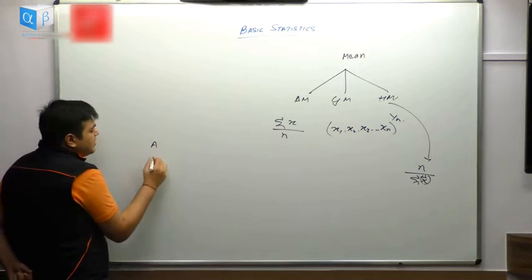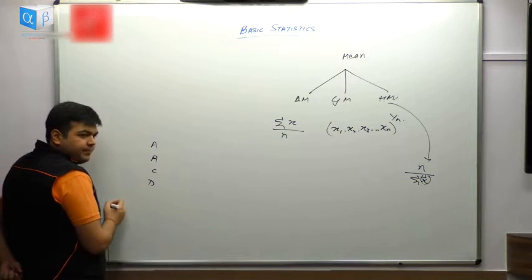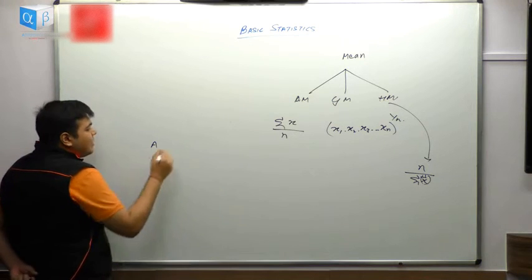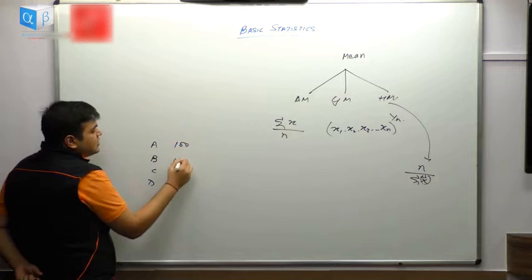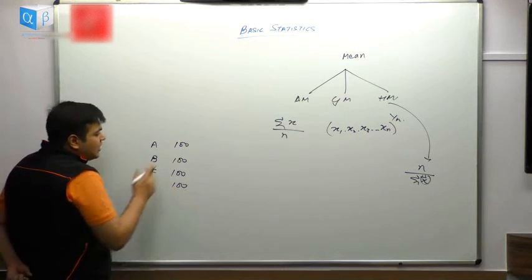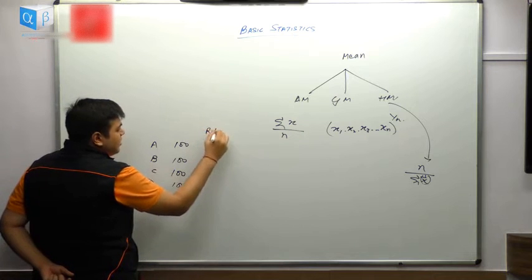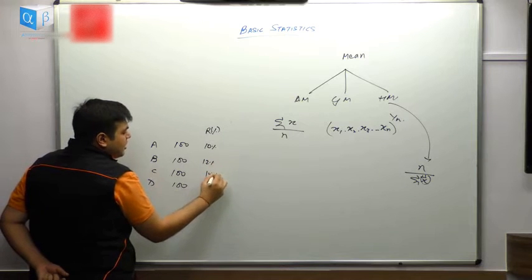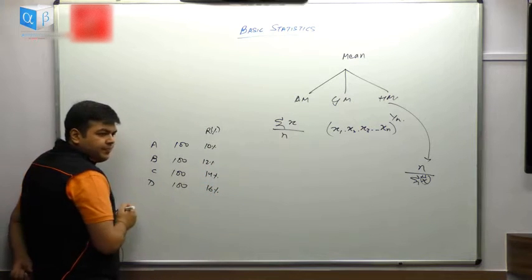Suppose I invested in stocks A, B, C and D. I ended up investing, let's say, $100 in each of the 4 stocks. These stocks are generating returns in percentage: 10% return, 12% return, 14% return, 16% return.